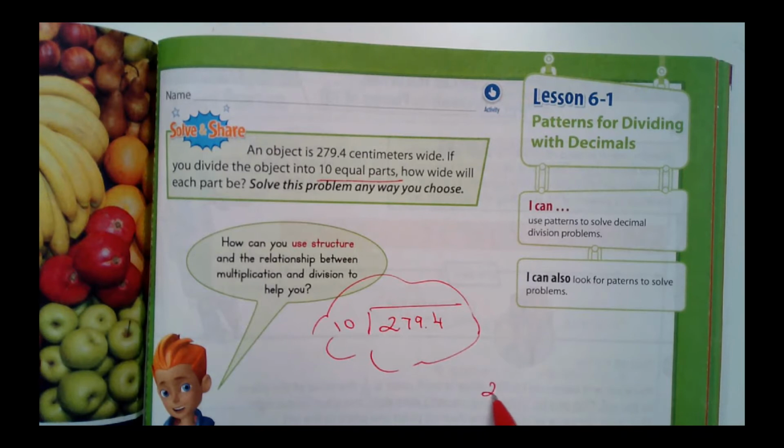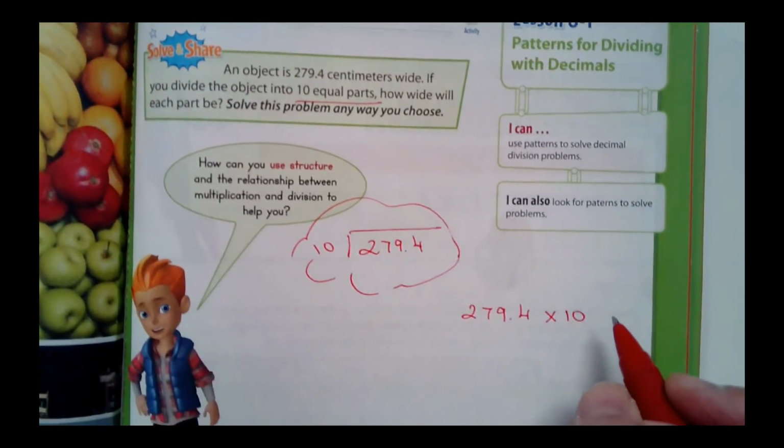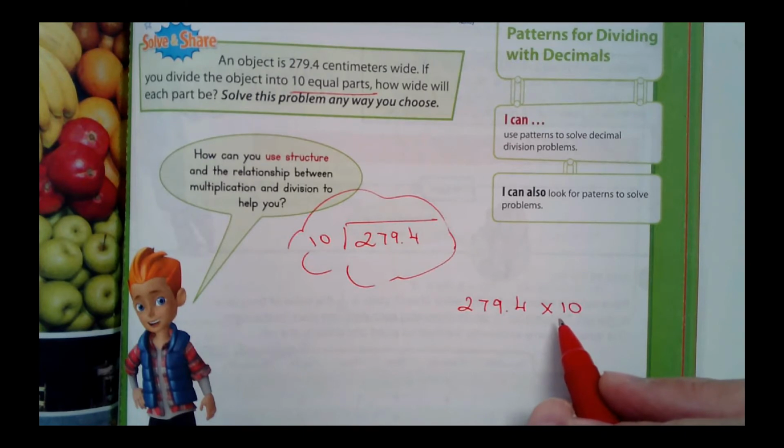Well, if I was to write 279.4, and some of you might get confused about which way to move the decimal, this might help you remember. If I was to multiply it by 10, not divide it, but multiply it, you guys should know by now that the number is going to be larger, 10 times larger. So which way would I move the decimal?